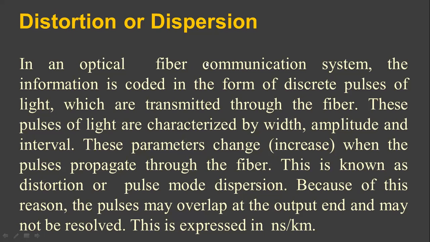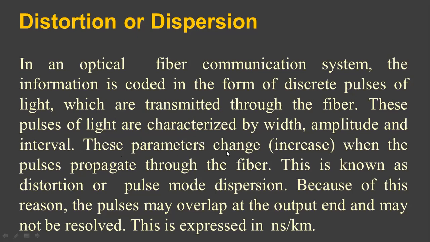In an optical fiber communication system, the information is coded in the form of discrete pulses of light, which are transmitted through the fiber. These pulses of light are characterized by width, amplitude, and interval.